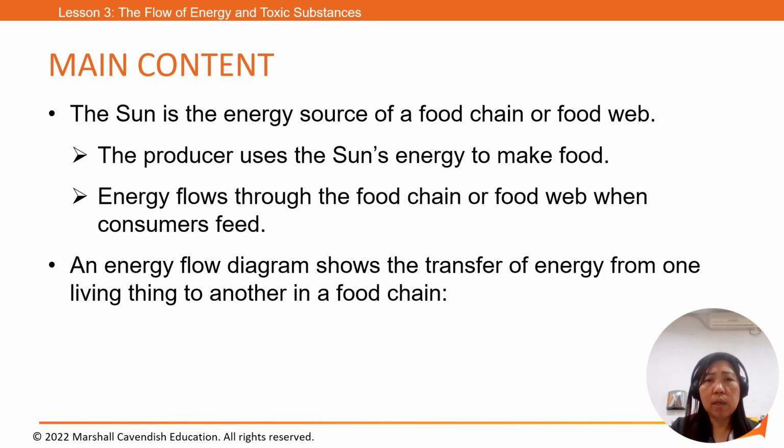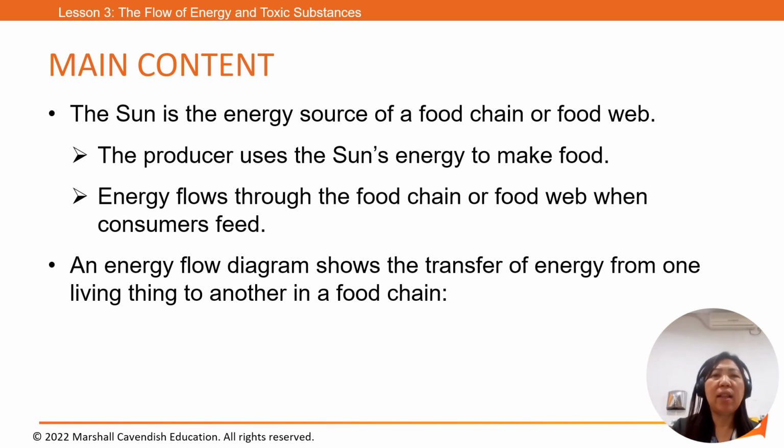The consumers get their energy from the sun by feeding directly or indirectly on producers. So that's why, everyone, this food chain is important to transfer energy from one living thing to the other.